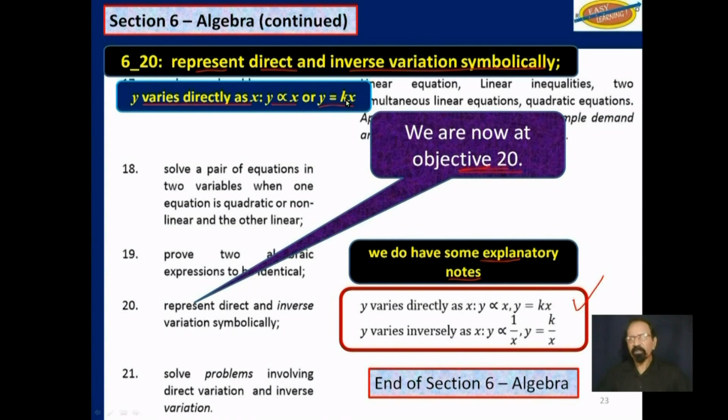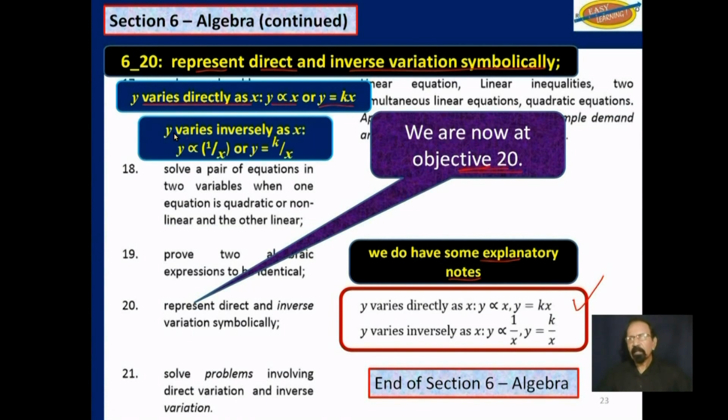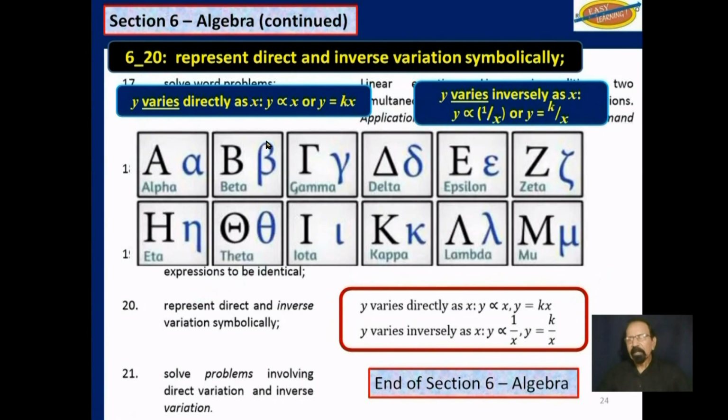That's direct variation. And then inverse variation: y varies inversely with x, that's 1 over x, or y is equal to k over x. We will find out later on that there may be a little problem with the meaning of this.